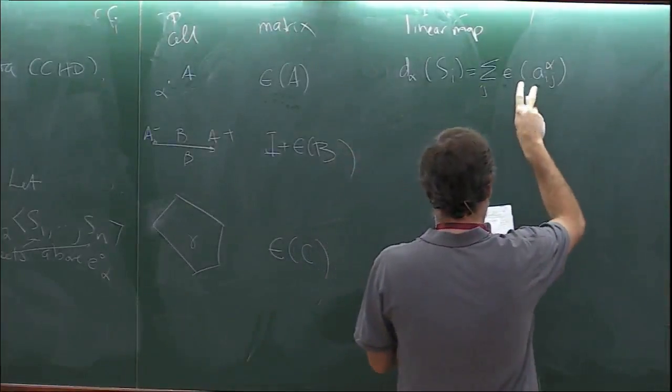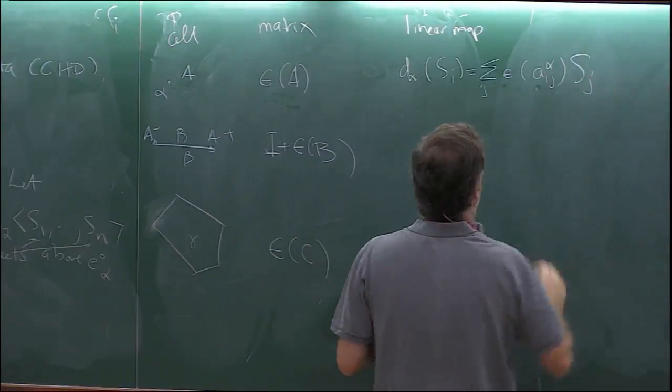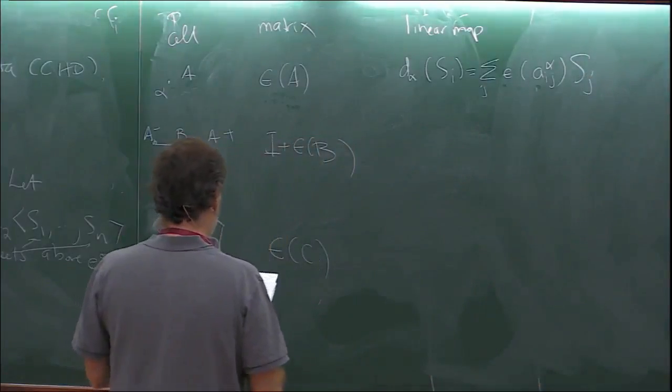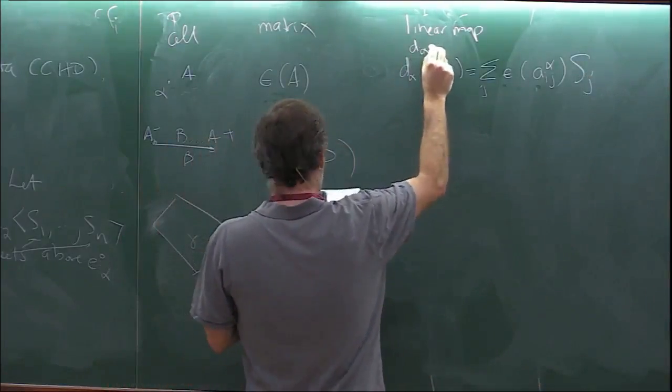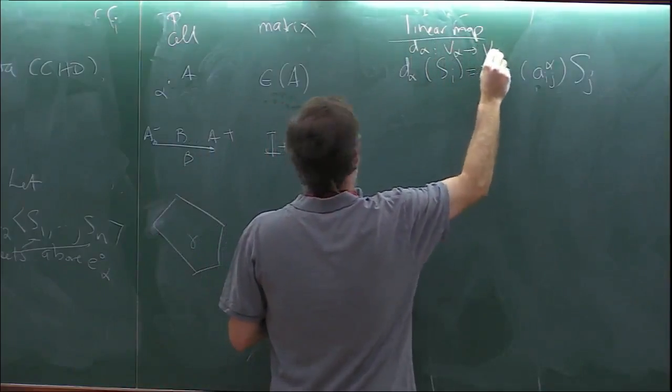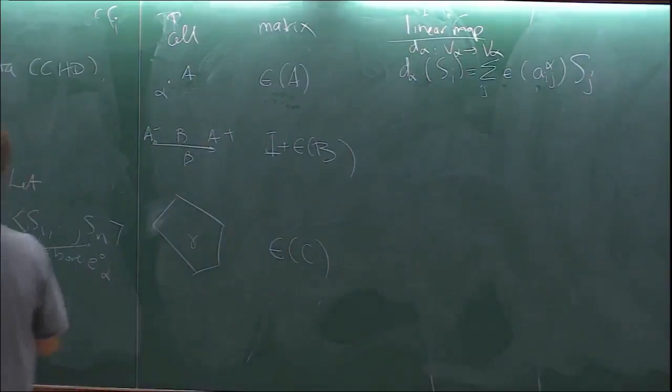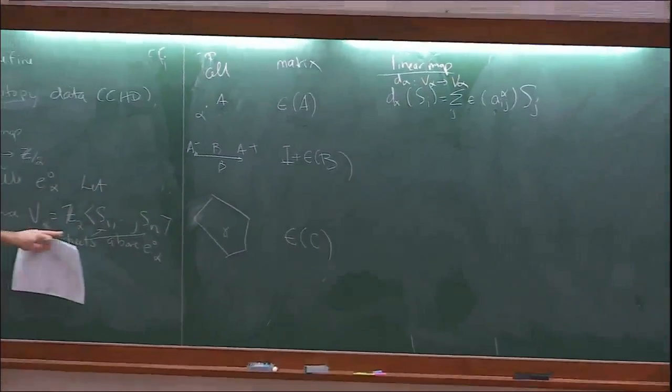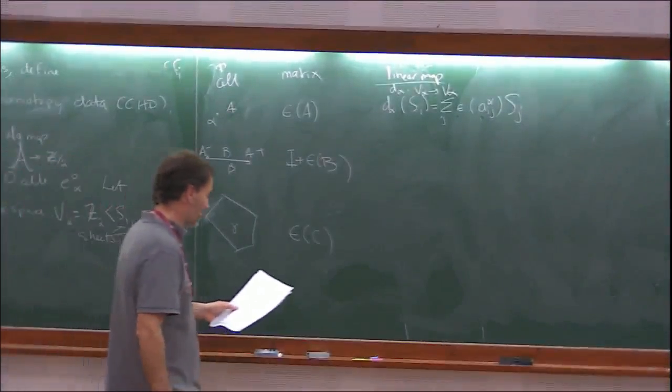That's a coefficient in the ground ring, and put that in front of this sheet. So this is a linear map from V alpha to V alpha, where V alpha is generated by the sheets that sit over that 0 cell.